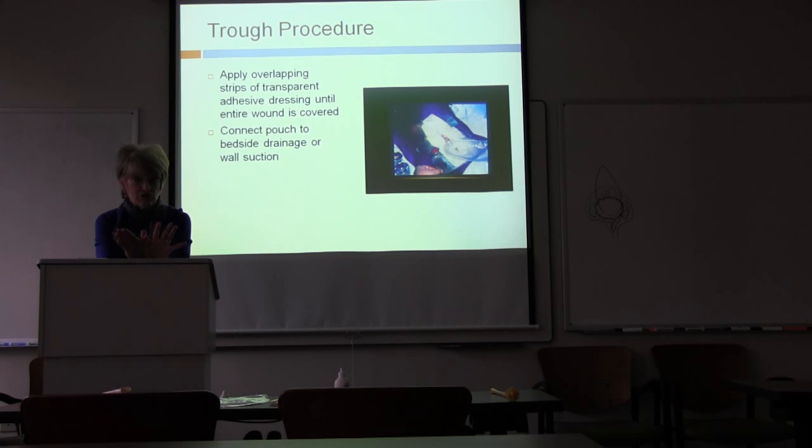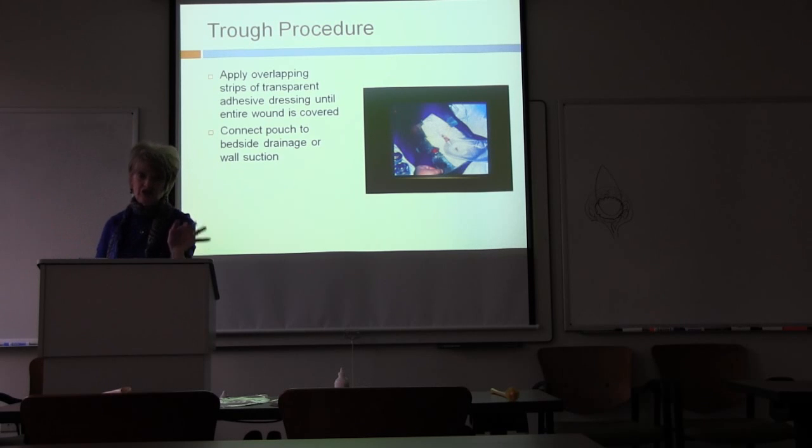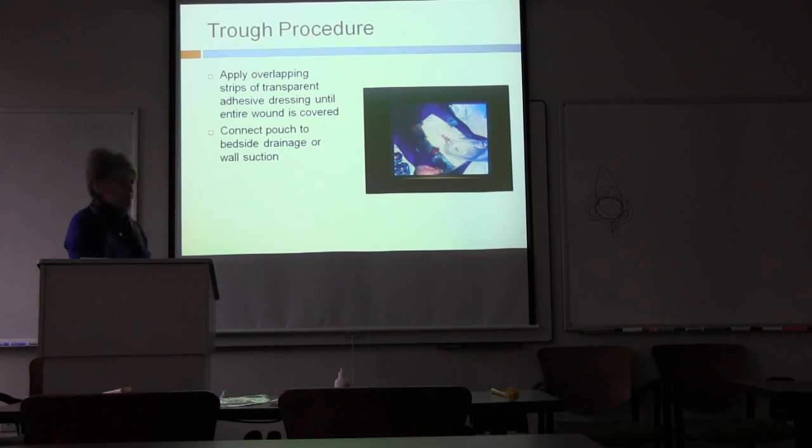With negative pressure wound therapy, we seal the entire wound with drape, and we use suction to carry the drainage from the wound to the canister on the wall or in the machine, okay? Here, we use drape to seal the wound, but the bottom piece of drape has a hole and a pouch stuck on top so the drainage goes into the pouch. So it's gravity drainage instead of suction management of the drainage.